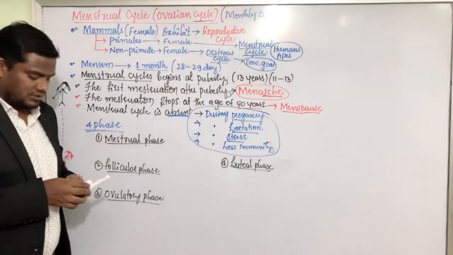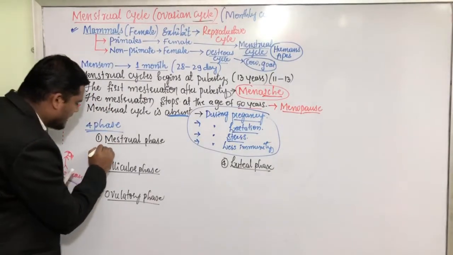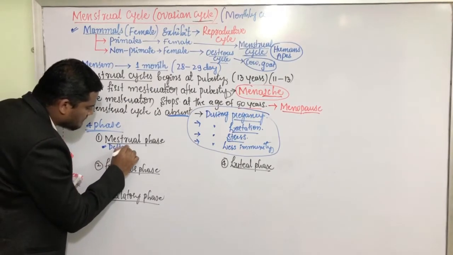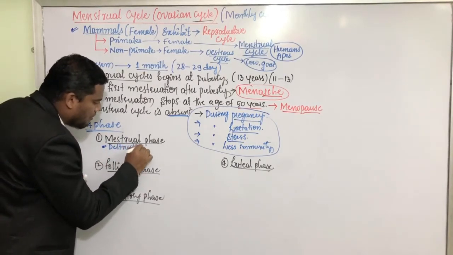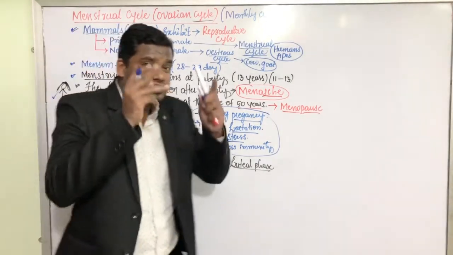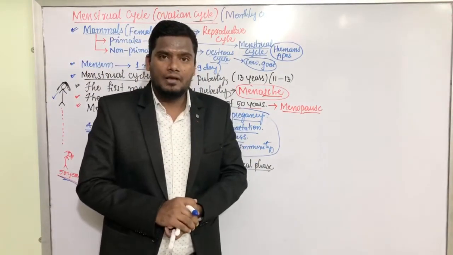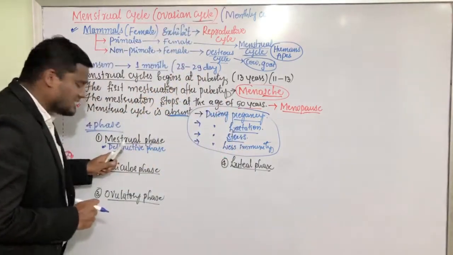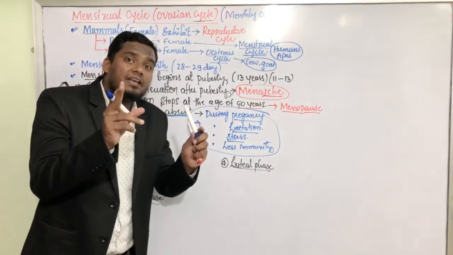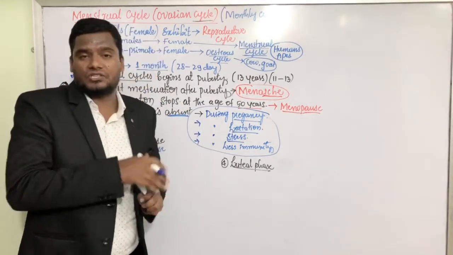Menstrual phase. This menstrual phase is also called the destructive phase. अब menstrual phase को destructive phase क्यों बुला रहे? In this phase, particularly, the endometrial wall of the uterus.